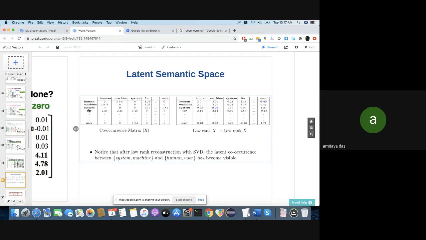When system occurs, machine does not occur. So using a co-occurrence matrix, we will never be able to understand that these two words are actually similar. Using singular value decomposition, people were able to get this kind of similarity between words, which was a very good sign of things which happened in the late 90s.